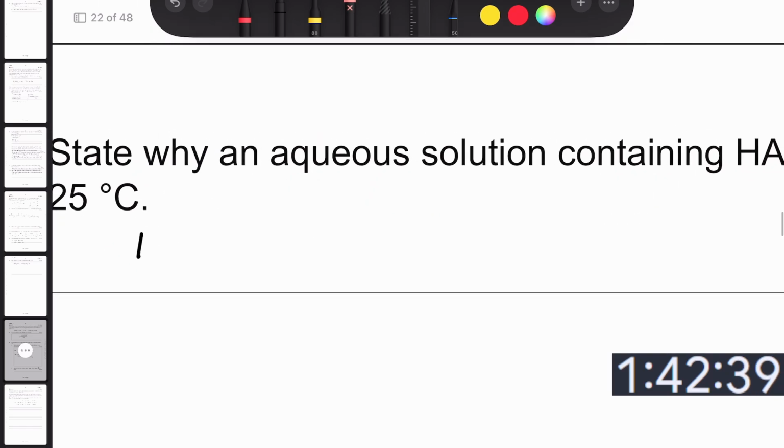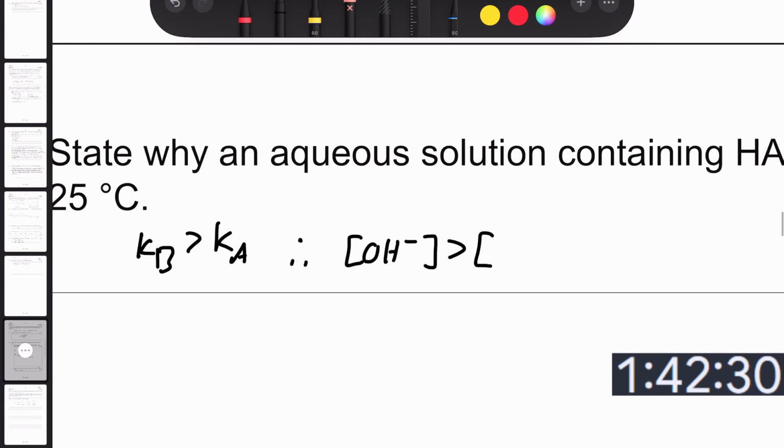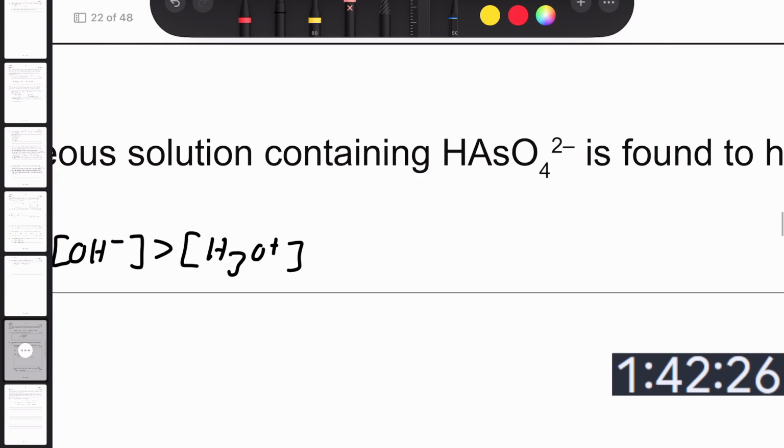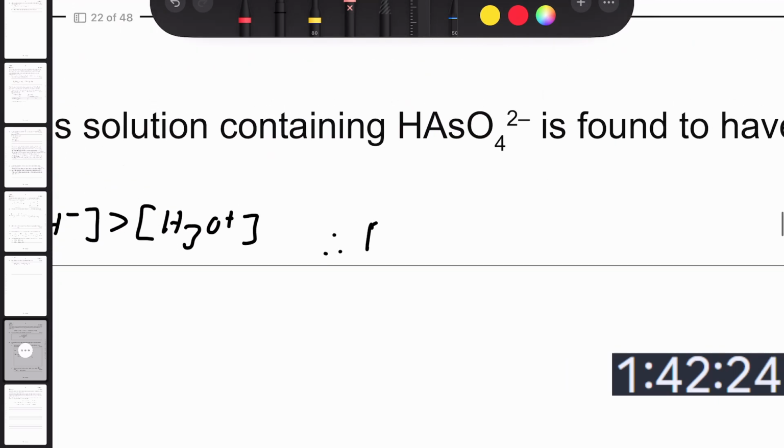Maybe I'll say that Kb greater than Ka, therefore the hydroxide ion will be greater than the hydronium ion. Therefore, basic solution.